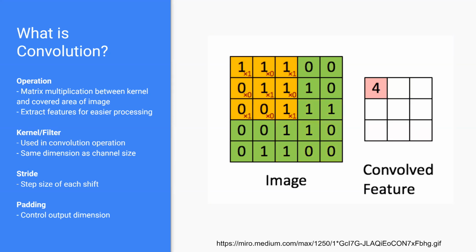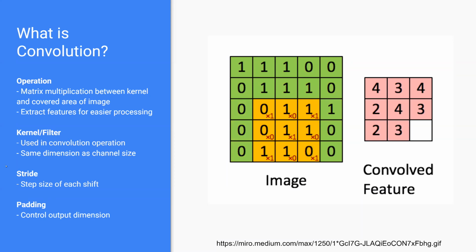In our case, it's basically a matrix multiplication between the kernel and the covered area of the image. A kernel, which could also be called a filter sometimes, is used in the convolutional operation, as you can see here. This yellow part would be the kernel as it moves through the image, and the green part would be the image.